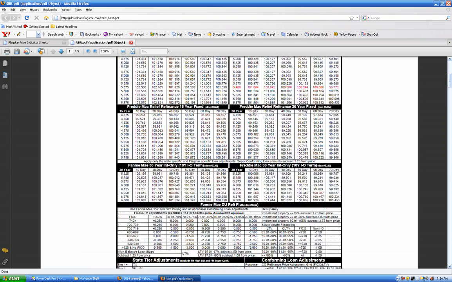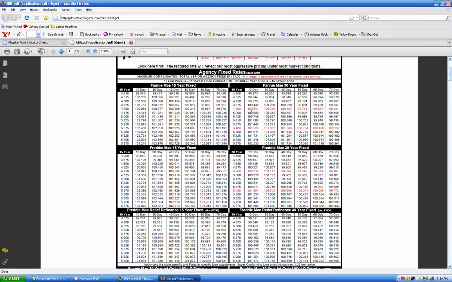So as a recap, what you do with a pricing sheet is you locate the product, then you find the price with the right lock period. In our case, we wanted to do 4.875 and make 0.25 in the back, which is just a quarter point.